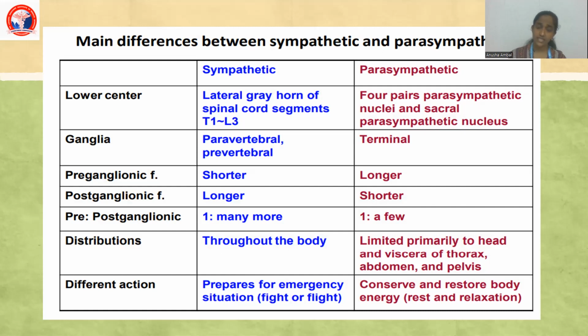So the sympathetic is distributed throughout the body. There is not a single portion where you can say that there is no sympathetic supply. Because the blood vessels are distributed throughout the body, sympathetic will have its action throughout. Parasympathetic has limitations. It's confined only to the head, thorax, abdomen and pelvis. You cannot see it in the upper limbs or lower limbs.